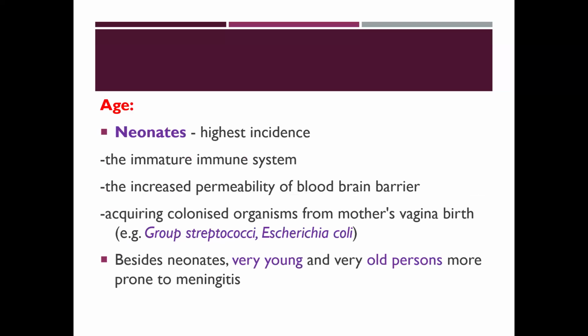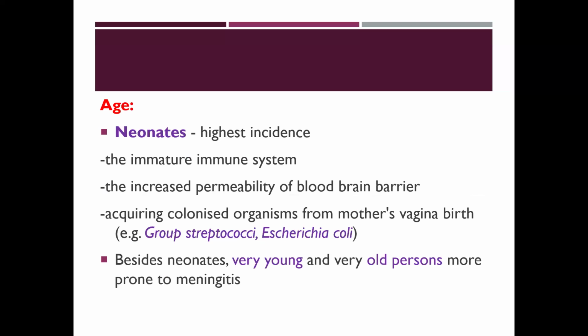If you see the first one, age, neonates, which means newborns, have a higher incidence. Why do neonates get infections, meningitis, easily? Because their immune system is immature and there is increased permeability of the blood-brain barrier.